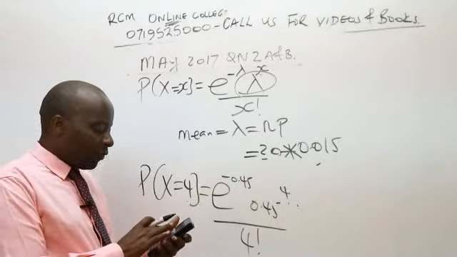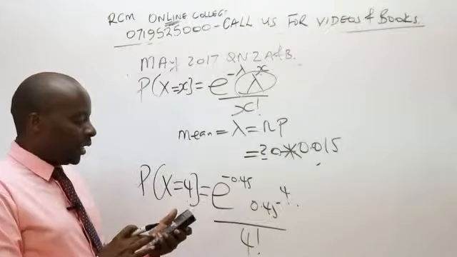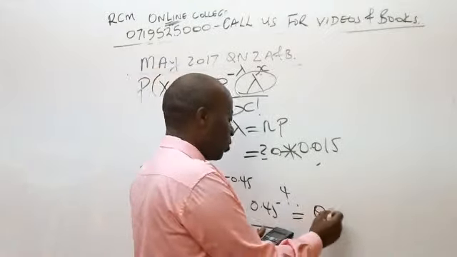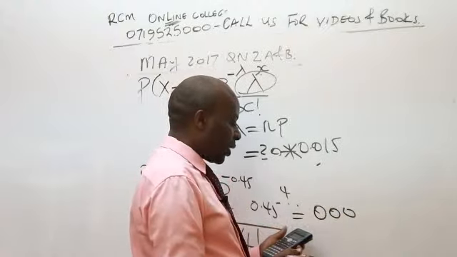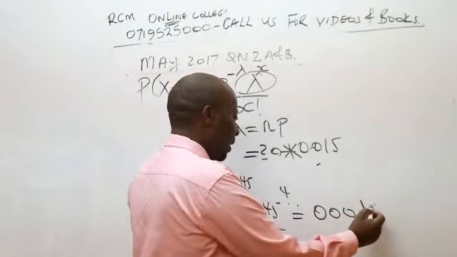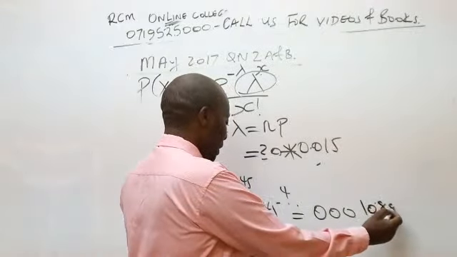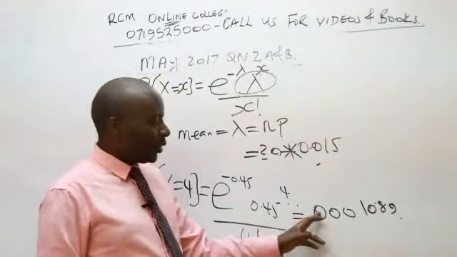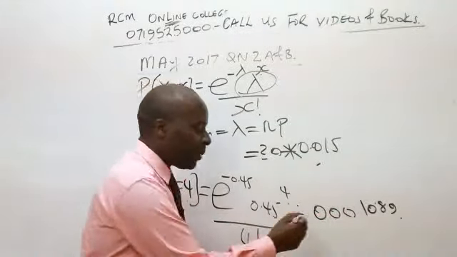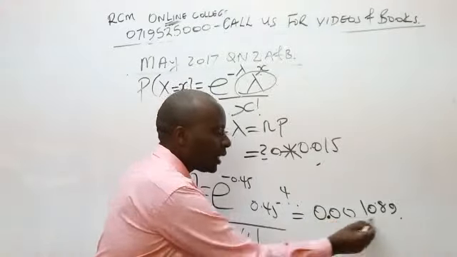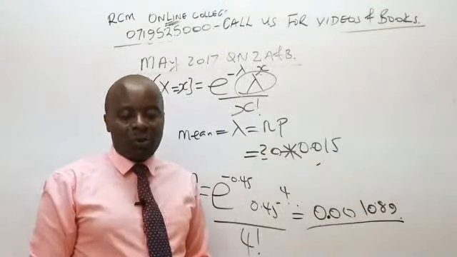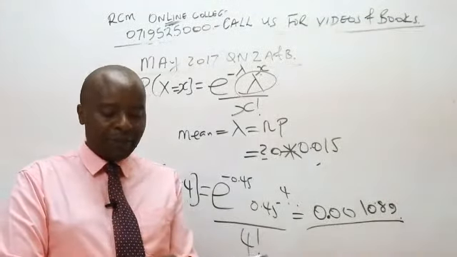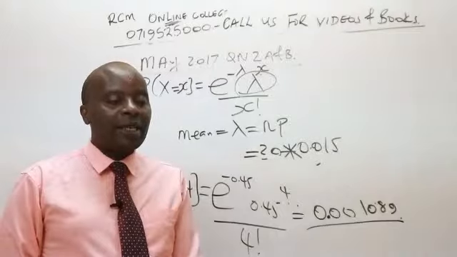At the end of the day this gives us a very small probability, with 3 zeros on the left-hand side, then 1089. Of course, I'll write the 3 zeros and then plug in the decimal. That is the probability, a very small probability. So that is the answer to number 1.